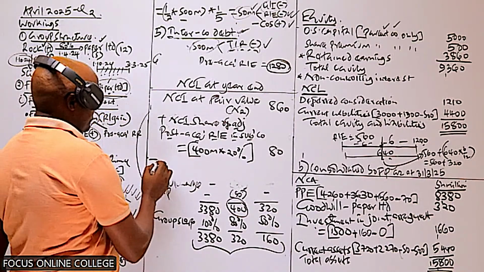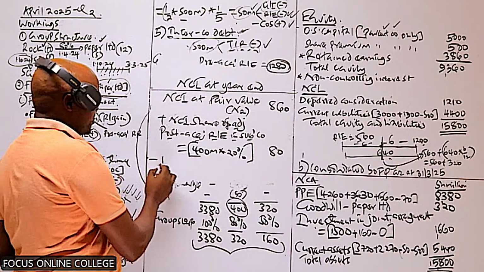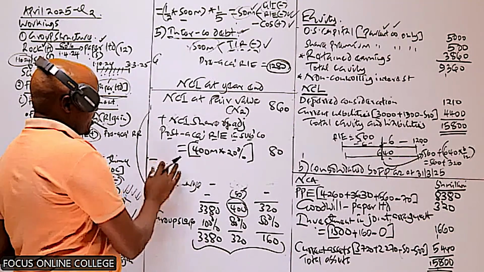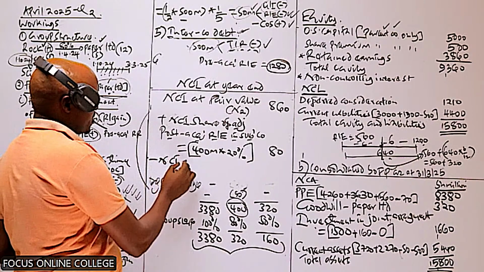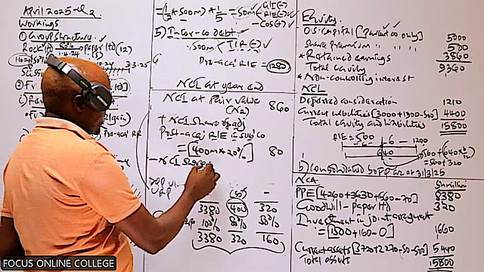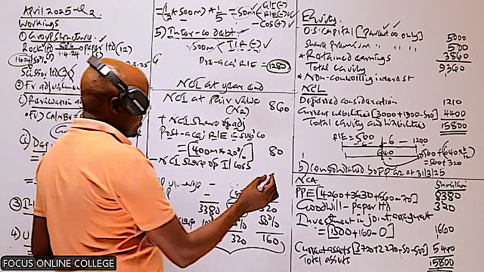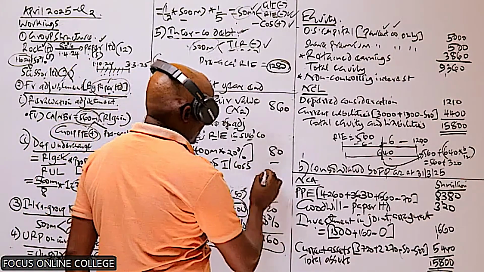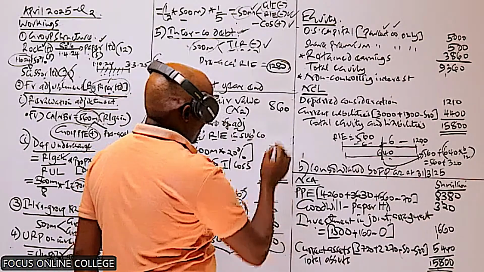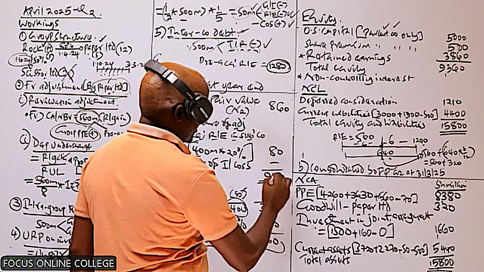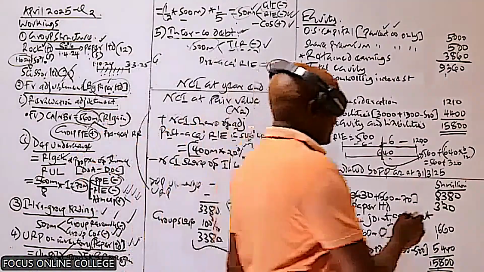And then to this, in case we had an impairment loss, where the goodwill on acquisition was impaired, what we leave here is the NCI share of impairment loss. Was the goodwill impaired? No. No item to be deducted there. So we add these two values and they give us 940.